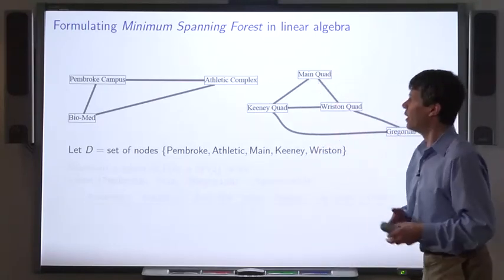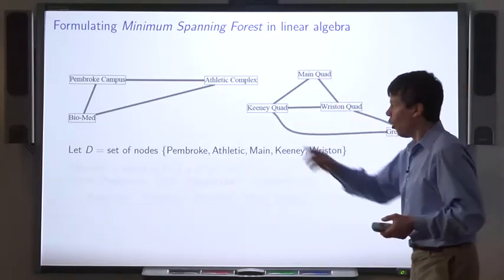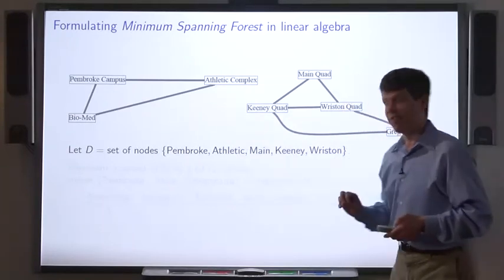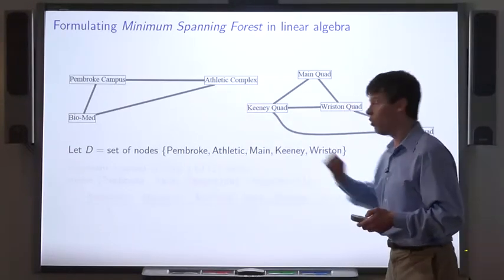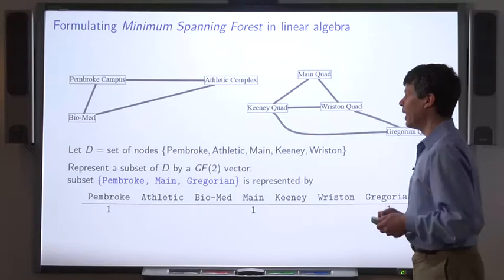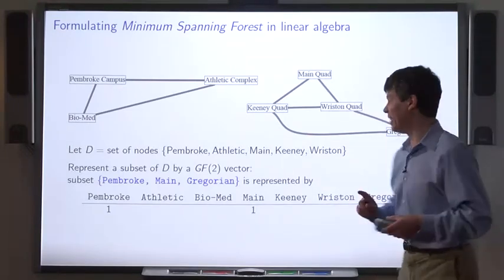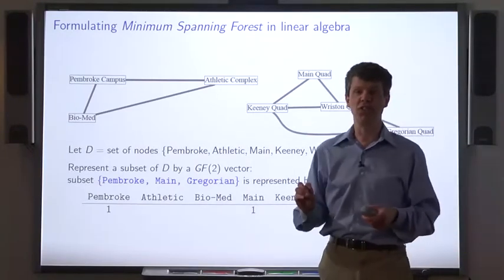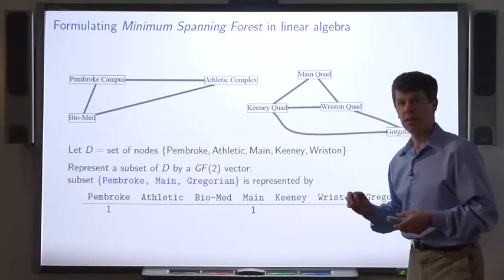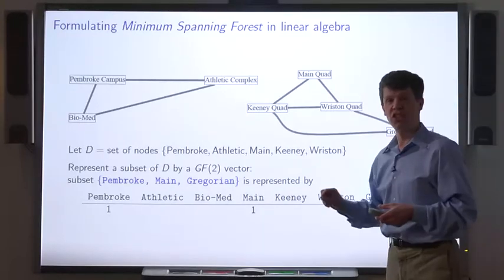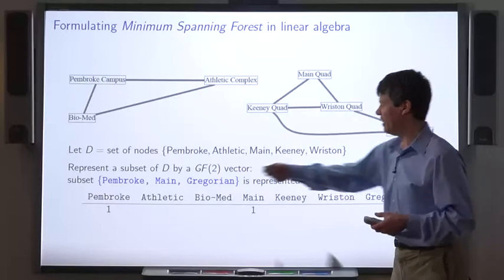So here we start with a graph. We'll let D, the domain of our vectors, be the set of nodes. Now we can represent a subset of D by a vector over GF2. We just put a 1 in every position represented in the set.